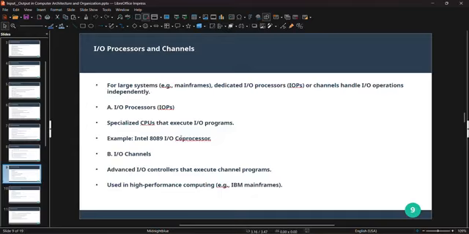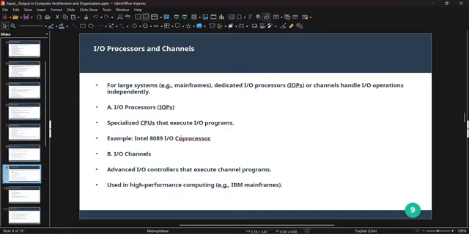So the input output processors are specialized CPUs that execute input output programs. Just as how every processor executes programs, right? But this is for the input output. So they execute input output programs. Examples are the Intel 8089 input output coprocessor.